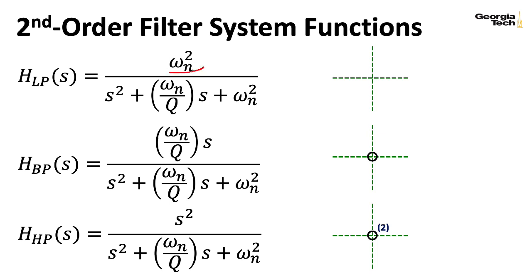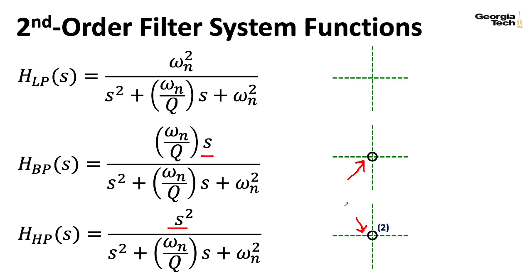The omega n squared that you see here and the omega n over Q are convenient normalization factors, and we'll see why I wrote those there in a second. Notice over here on the right, I'm drawing some partial pole-zero plots, partial in the sense that I'm only showing the zeros. We have one zero for the bandpass at the origin, and we have two zeros at the origin for the high-pass filter.